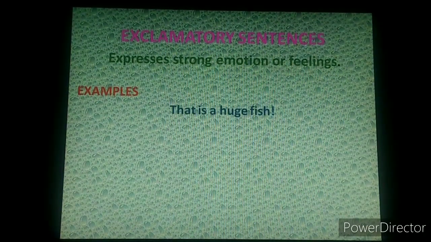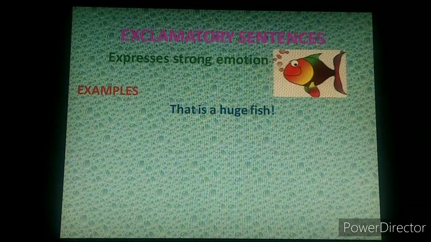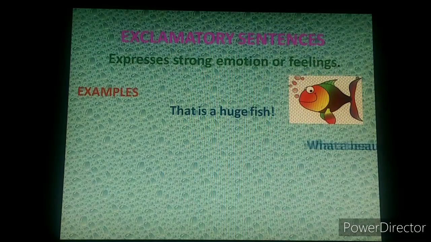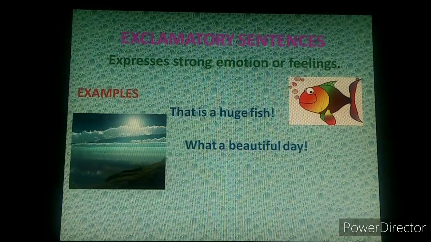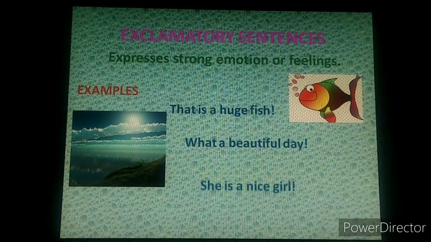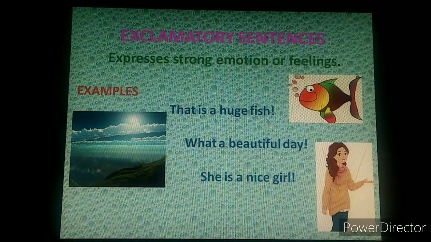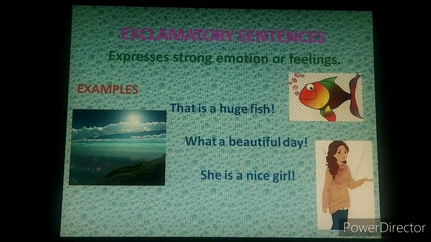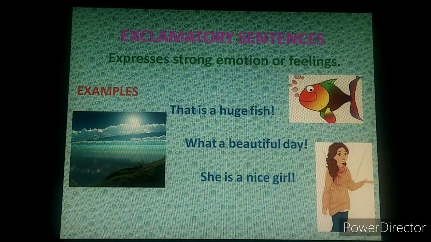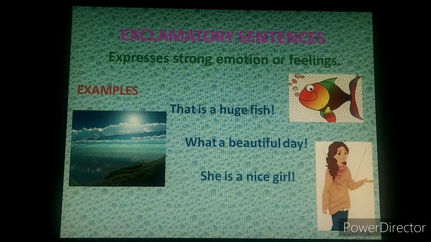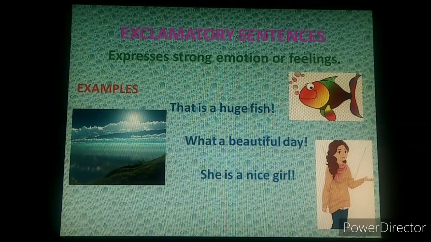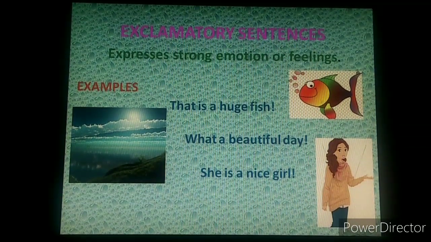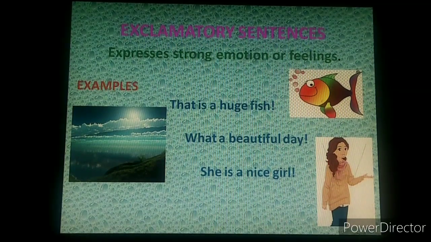For example, "That is a huge fish!" Then, "What a wonderful day!" Like this we have examples. It is necessary to use the exclamation mark. Mostly it comes at the end of the sentence, but sometimes, according to the sentence, the exclamation mark can be used in between.